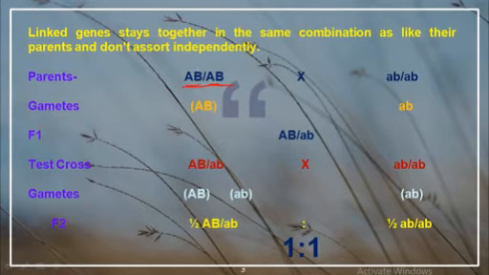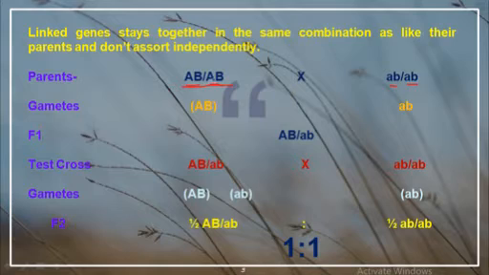Here also it is the same, AB and small ab. So these two genes are linked genes and they are present in the parents. Suppose we have selected this one parent and this other parent; both have the linked genes.